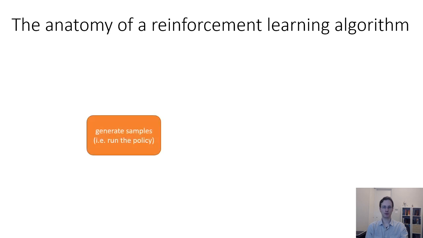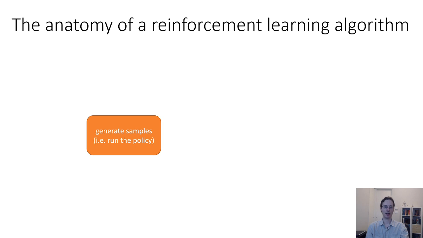The first part, which I will always draw in orange, is to generate samples. Reinforcement learning is about learning through trial and error in some sense. And the trial part of trial and error means actually attempting to run your policy in your environment, have it interact with your Markov decision process, and collect samples. What are samples? Well, samples are trajectories.